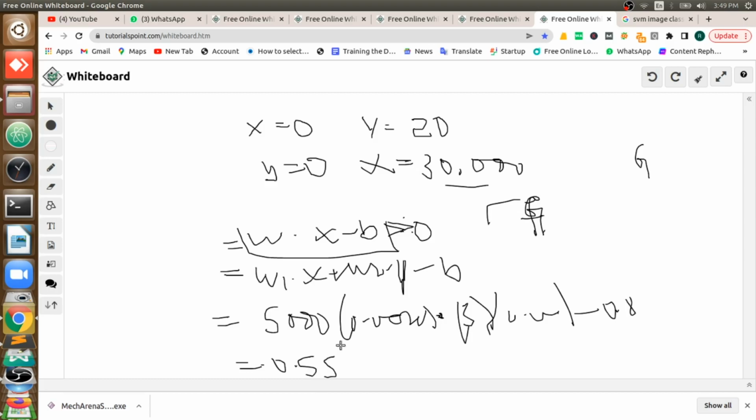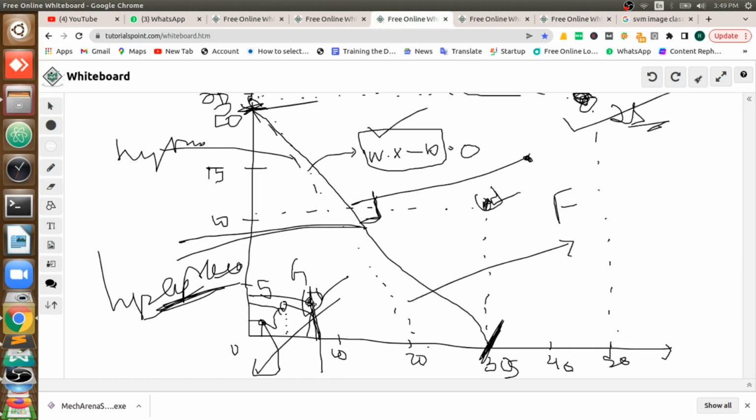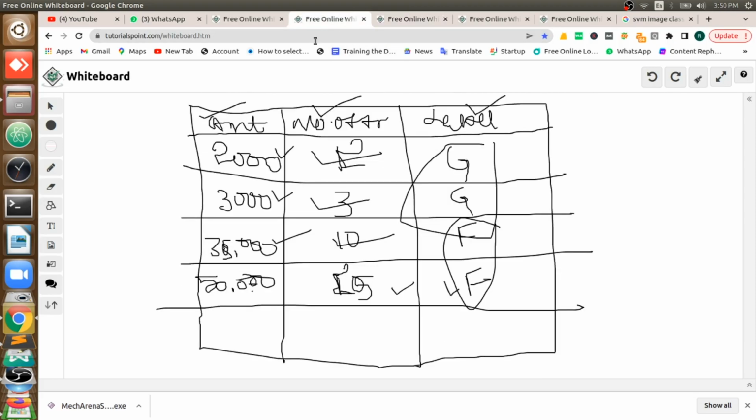So now you are getting this minus 0.55, that is less than 0. So when this w dot x minus b is less than 0, what does it mean? The point 5000 comma 3, this 5000 amount transaction happened and 3 transactions per day happened. That is a new point, there is no point like this here.